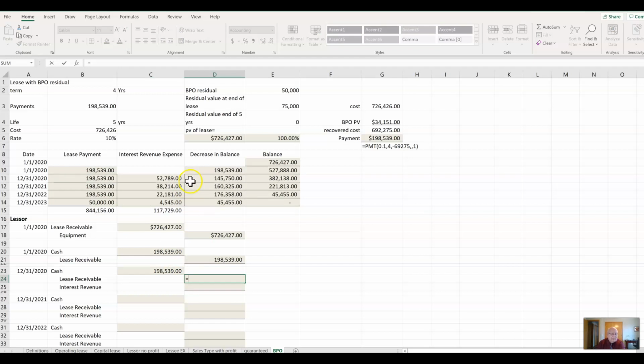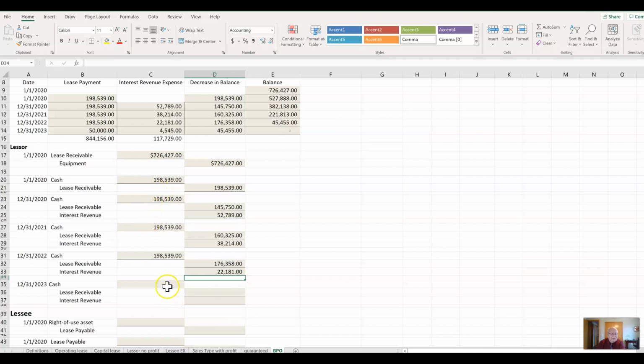Then you have lease receivables 145 and 52,789. And then you notice we don't do depreciation again because this is the lessor's books. Then 176,358, 22,181. So you see that this really doesn't change a whole lot.